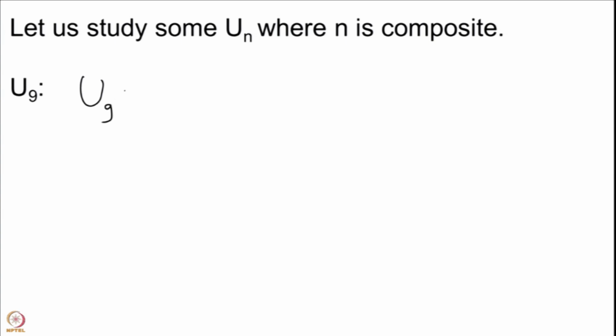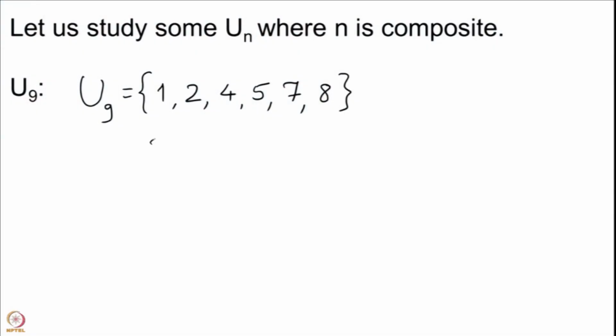When we write U9, we will have to be careful that no multiple of 3 should come. These are all the elements in U9. Let us try to find orders of elements in the group U9. So, suppose we start with 2, 2 square is 4, 2 cube is 8, 2 raised to 4 is 16, but you are modulo 9.